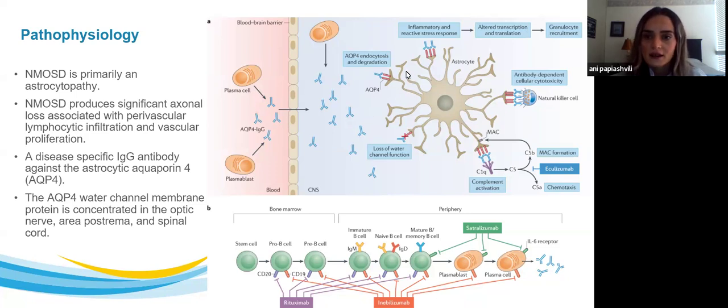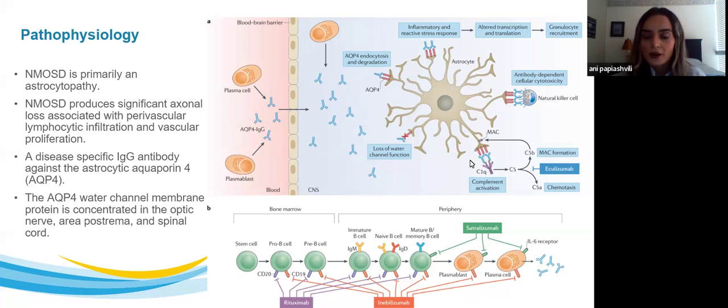Here you can see the astrocyte, and these autoantibodies against aquaporin channels bind to the astrocyte foot processes and cause activation of the complement system. How? Here you can see our complement proteins, and especially it will activate the late complement proteins from C5 to C9, which is very important for production of the membrane attack complex.